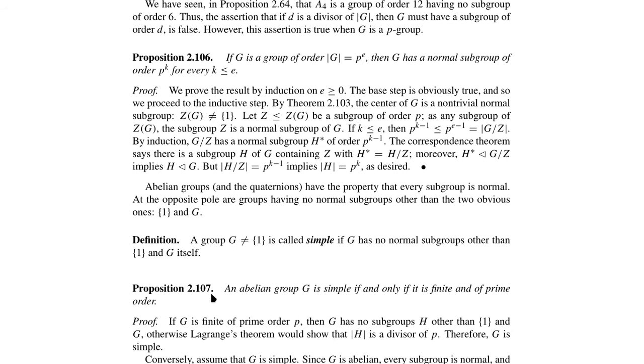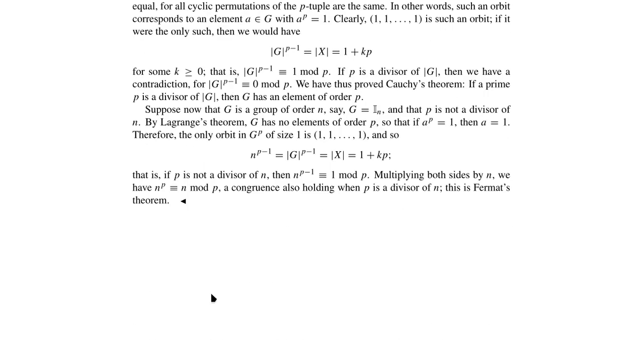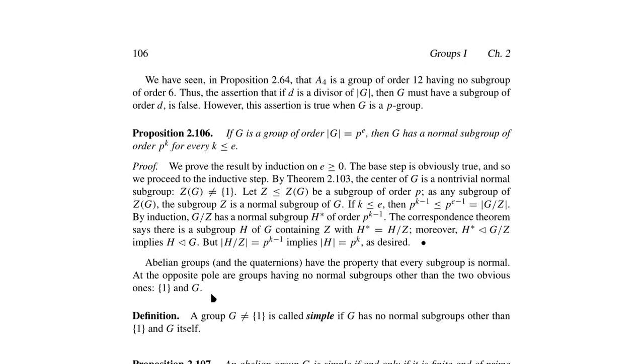So proposition 106. If G is a group of order p to the e, then G has a normal subgroup of order p to the k for all k less than e. I believe this is straightforward enough. You just need to apply induction.